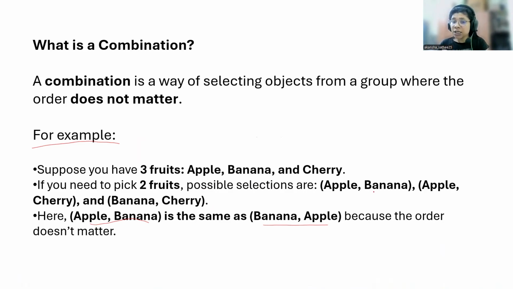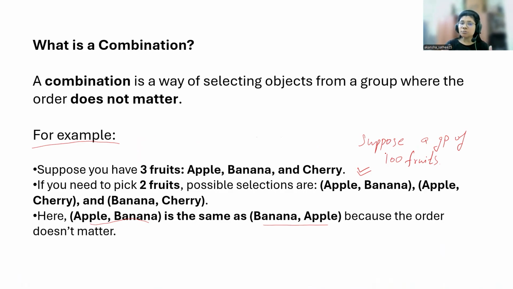Now, if you have a group of very small objects, like here you just had three fruits, then it is fine. Now suppose you have a group of 100 fruits and somebody asks you to choose 10 fruits. There will be a very huge number of combinations. You cannot keep on arranging the fruits and counting; it would be very tedious.